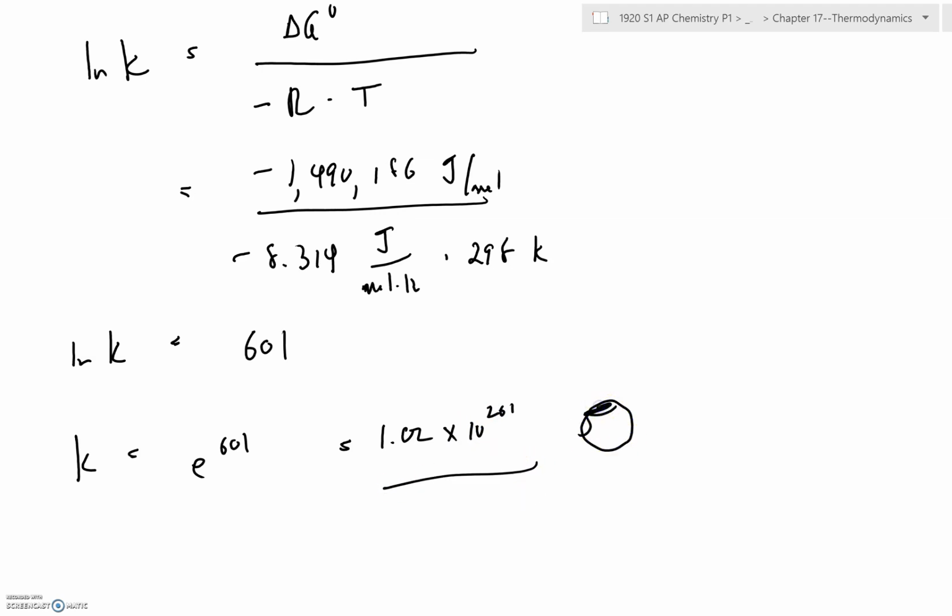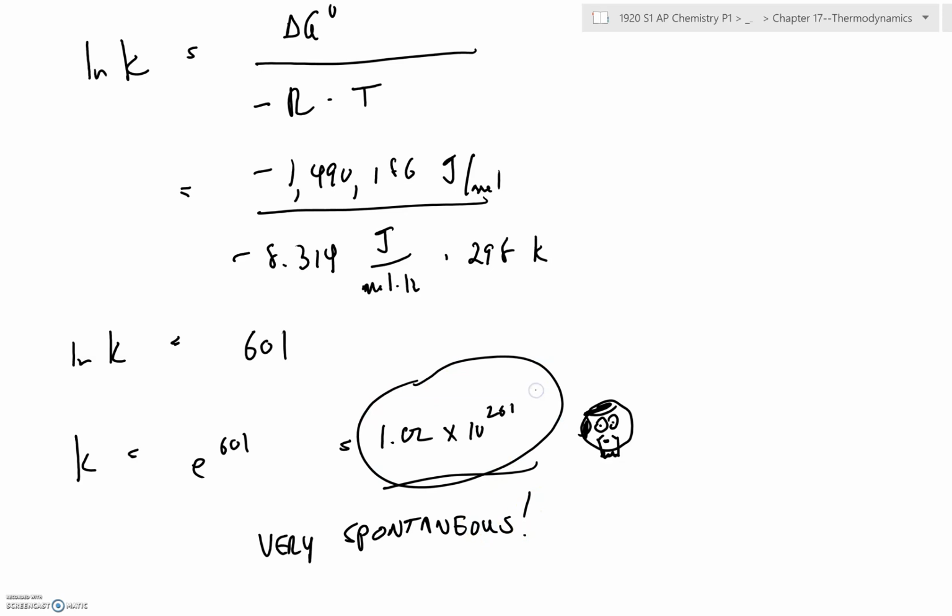That number is huge. Holy mackerel. Means the reaction is very spontaneous because it favors the products in an immeasurable ratio, that big.